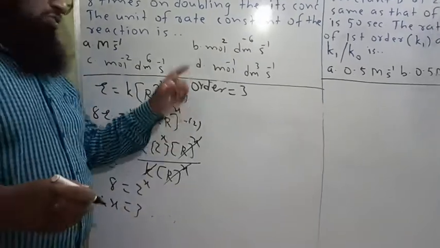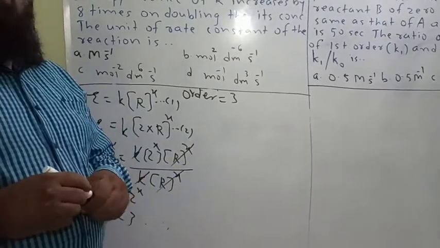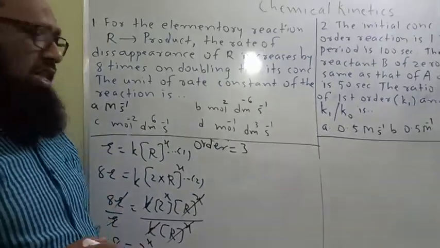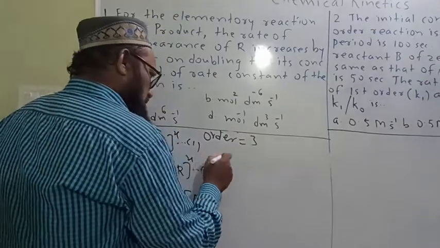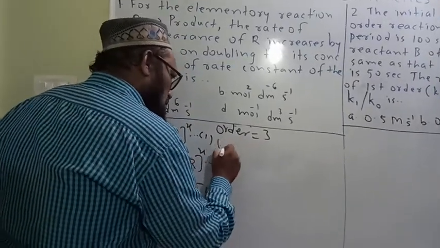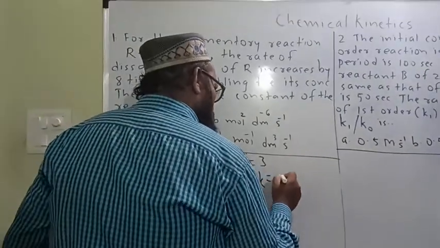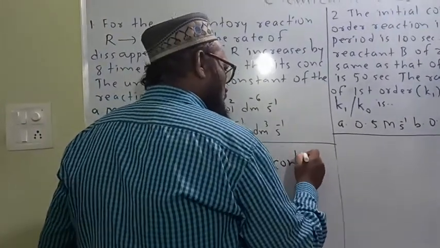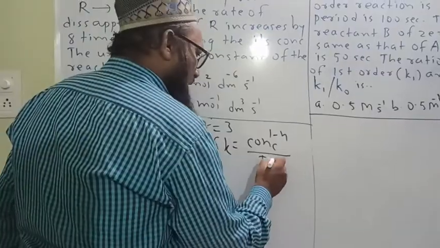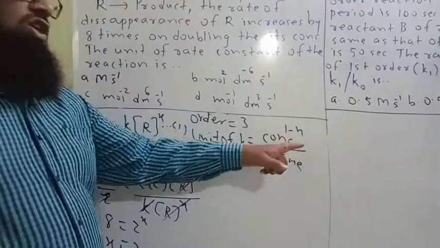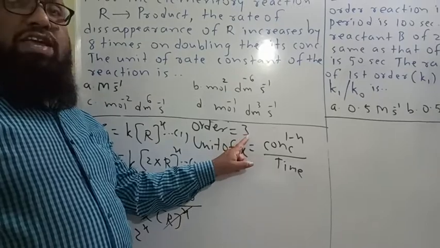Now, the unit of rate constant of any nth order reaction is calculated by using this formula. Unit of K is equal to concentration raised to 1 minus n upon time, where n is the order of reaction.